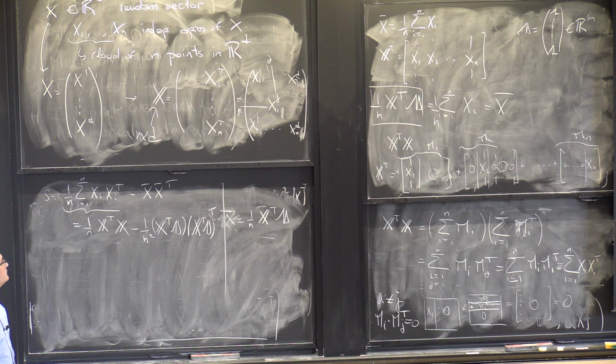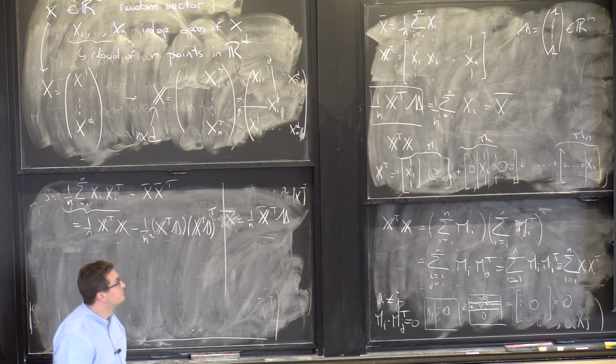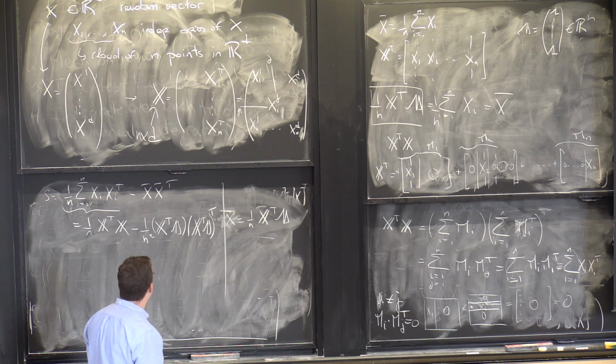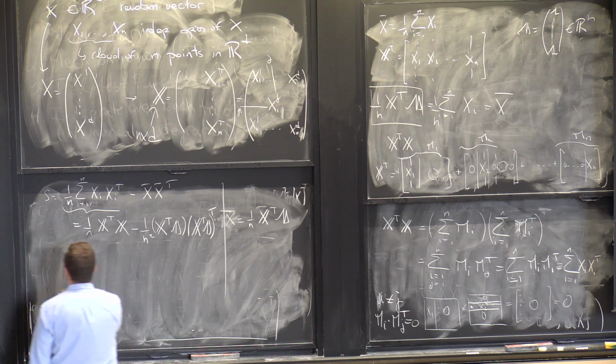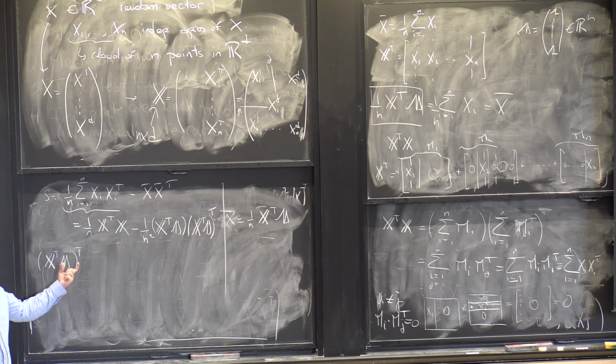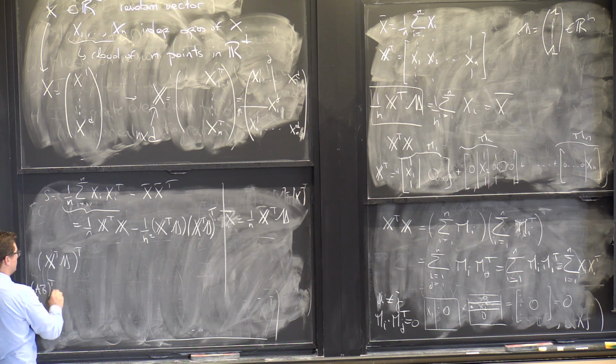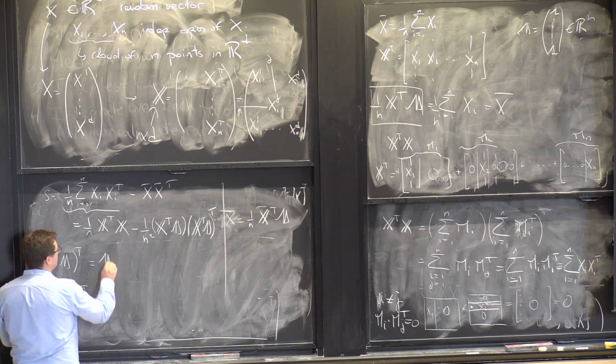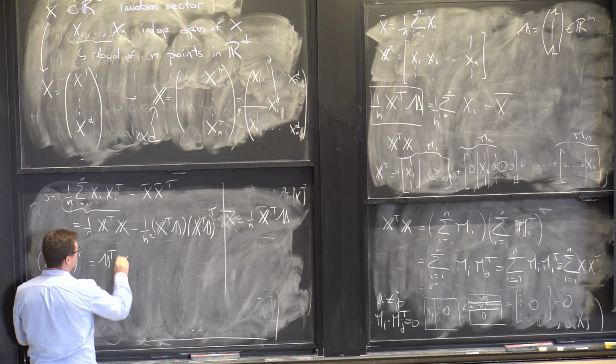Right? And the rule, if I have A times B transpose, it's B transpose times A transpose. Just the rule of transposition. So this is 1 transpose x.